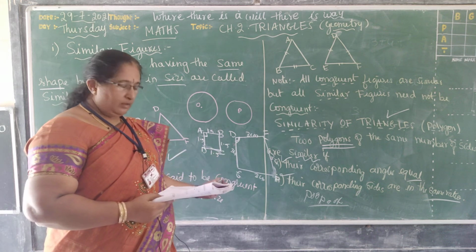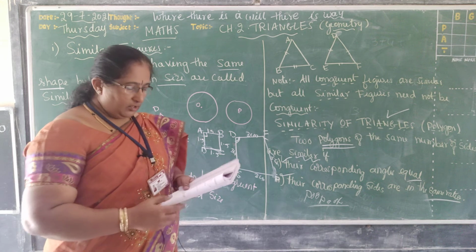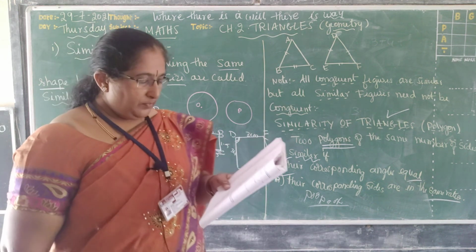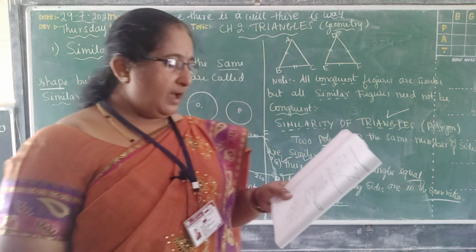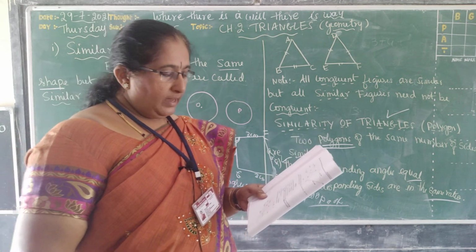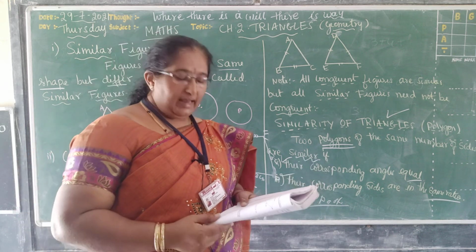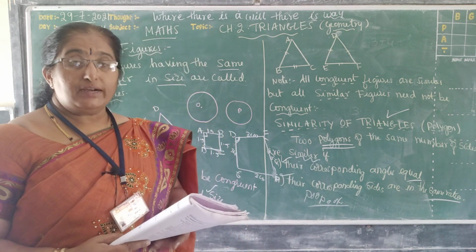They are proportional. Whereas look at the angles. The angles are different. So here also you can see in this question, the sides are proportional, but the angles are not equal, hence they are not similar figures.